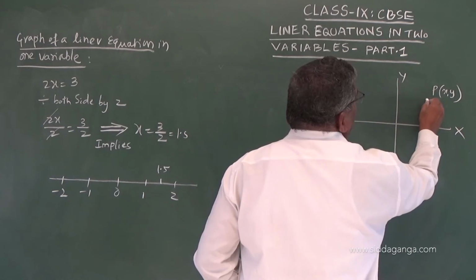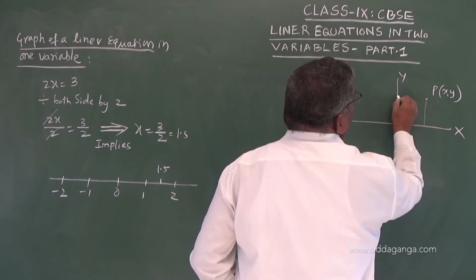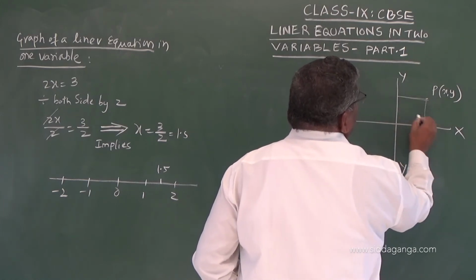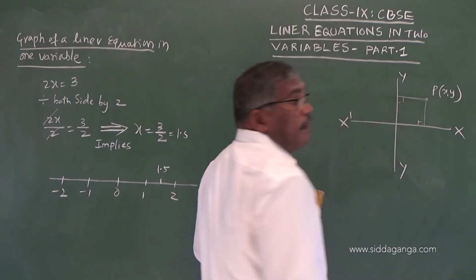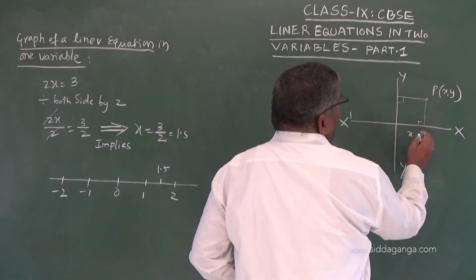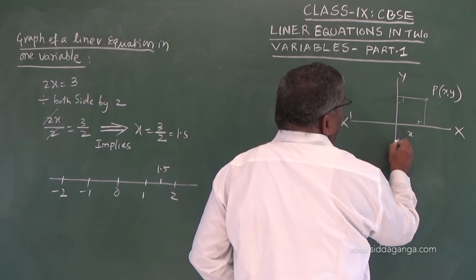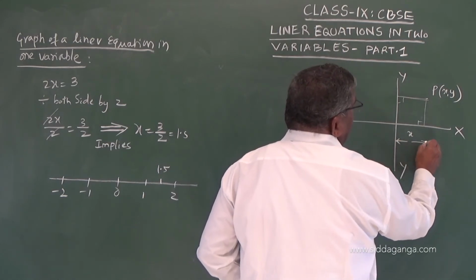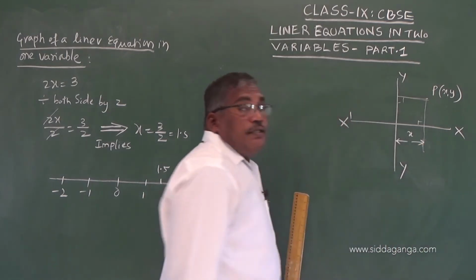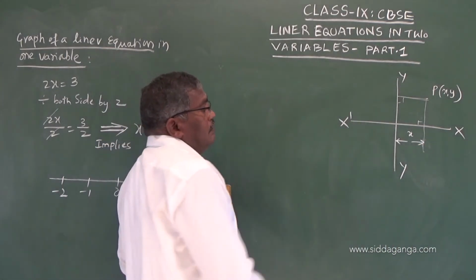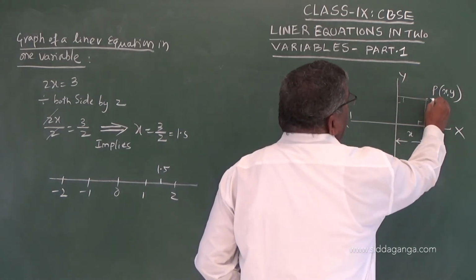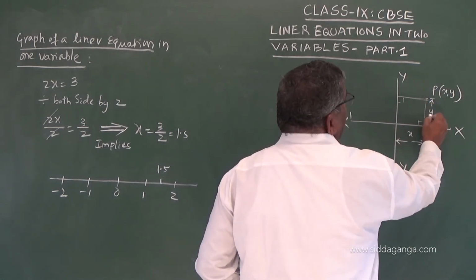So here if I draw a perpendicular, this is 90 degree, this is 90 degree. So here the horizontal distance of the point P from the y axis, this is known as x, and it is also called as abscissa, and this value is known as y.